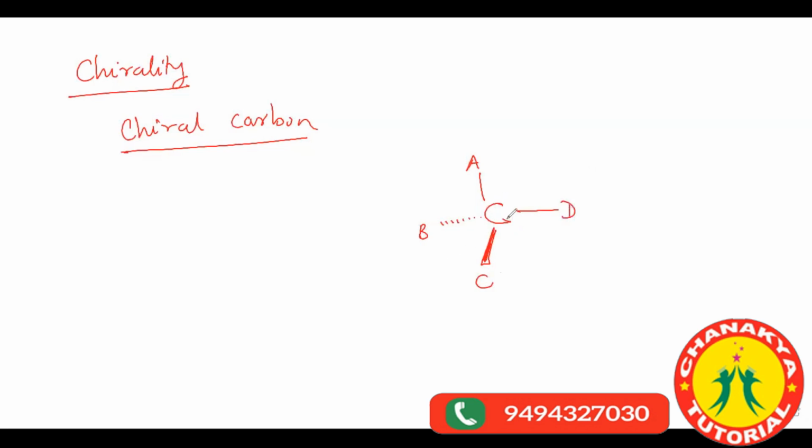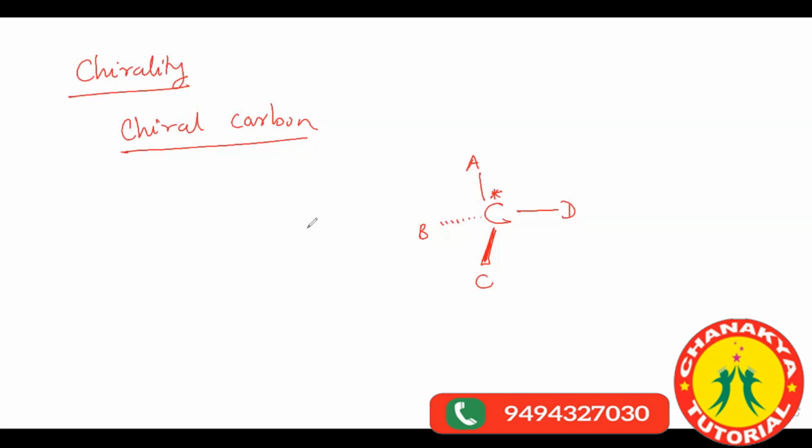Such a carbon attached to four different groups is chiral in nature, and we can say the molecule has chirality. Understood? What do you mean by a chiral carbon? A chiral carbon is a carbon attached to four different groups. Understood?